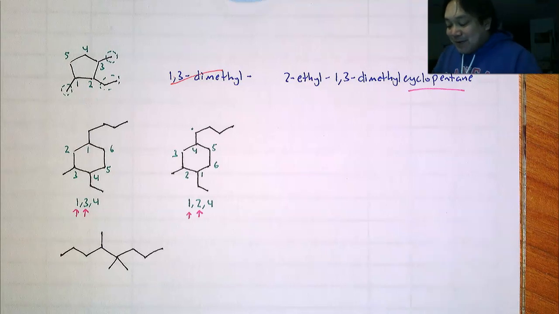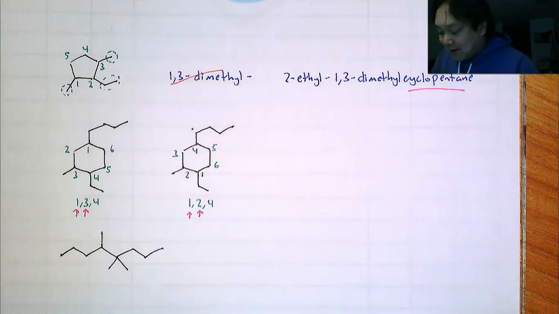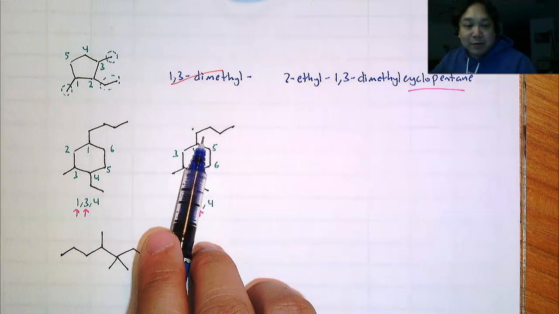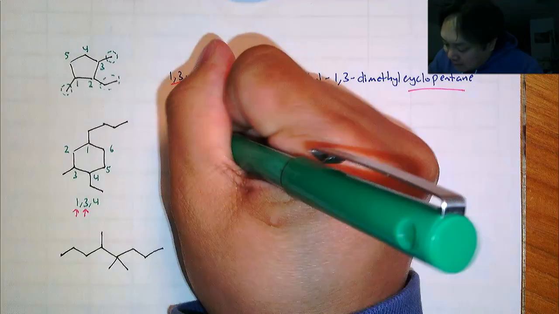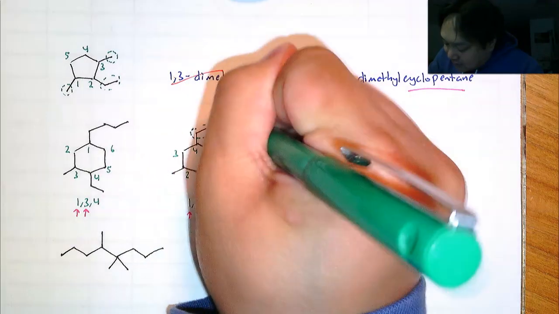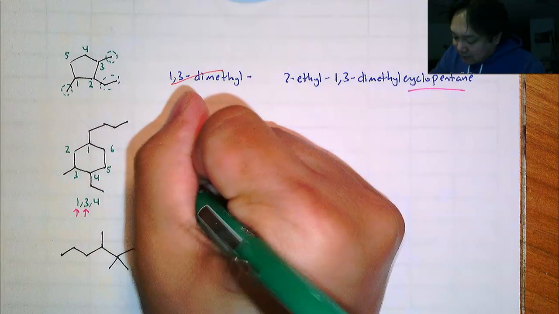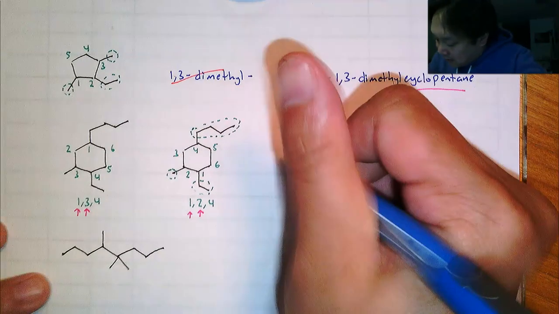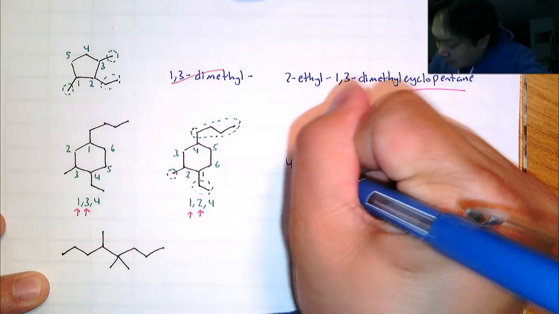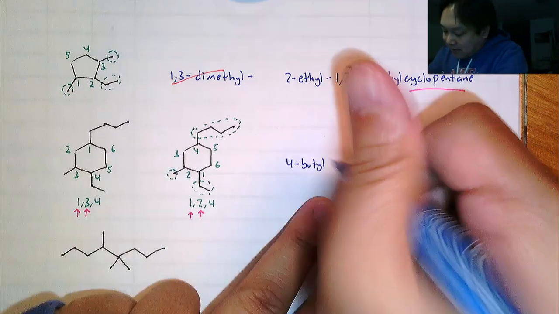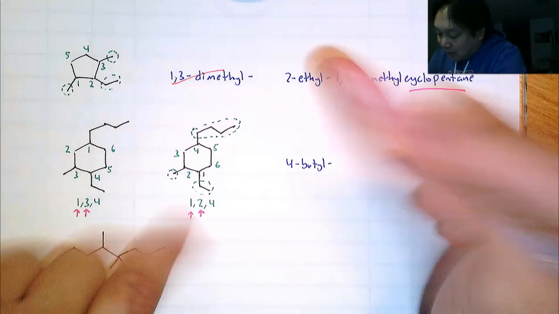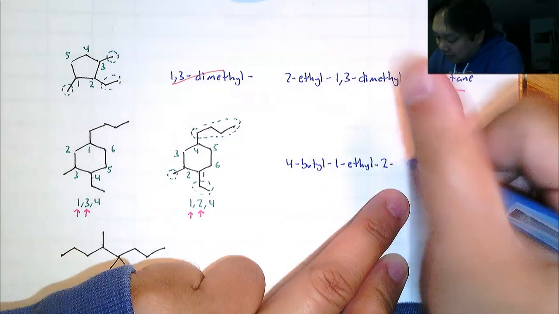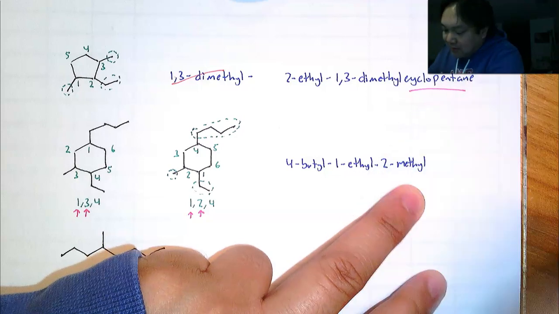Alphabetize. Okay, I remember to alphabetize, and we have a methyl, an ethyl, and this one up here is a butyl, 4 carbons. B comes first. 4 butyl, 1 ethyl, 2 methyl, cyclohexane.